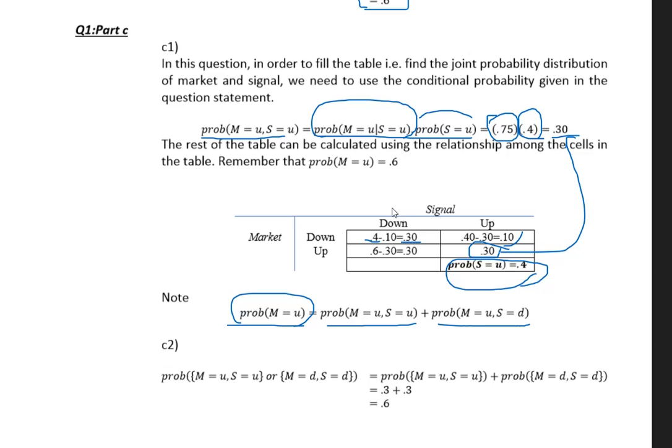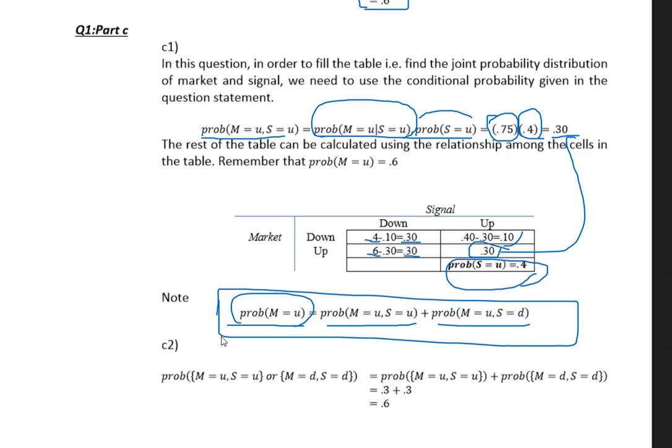And similarly, here the probability that the signal is down is 60%. So if we subtract 30% from this 60%, we should obtain 30%. And as I explained before, all these calculations are based on the property that the marginal and joint distributions have with each other.